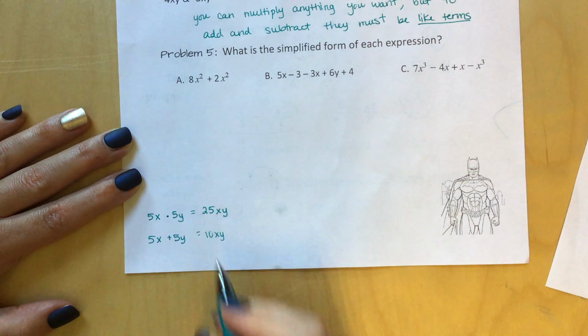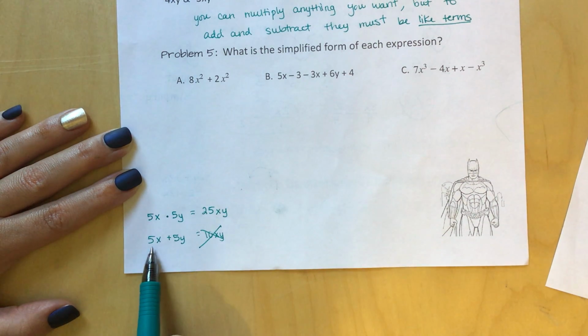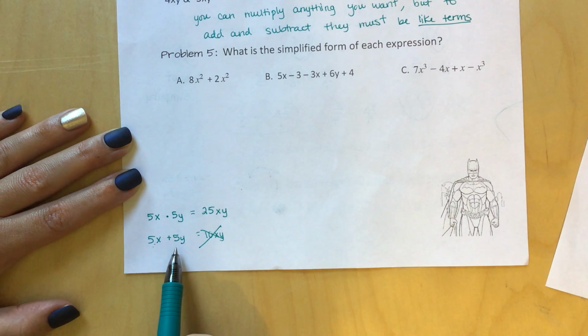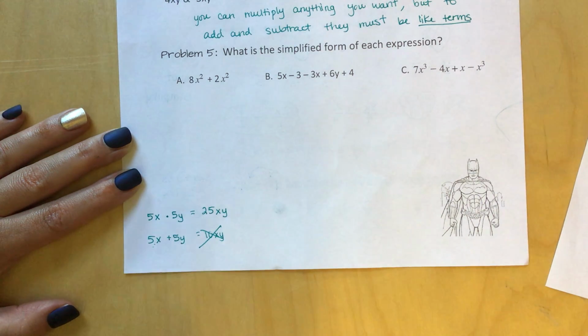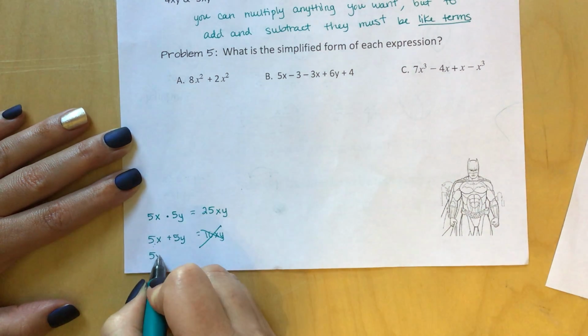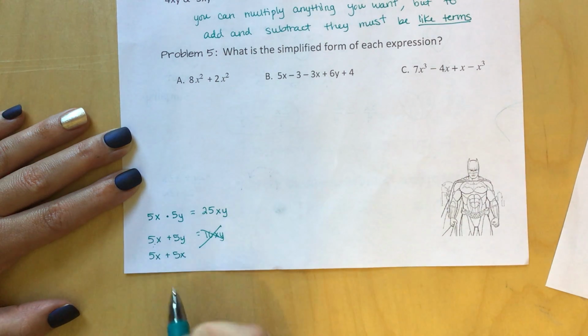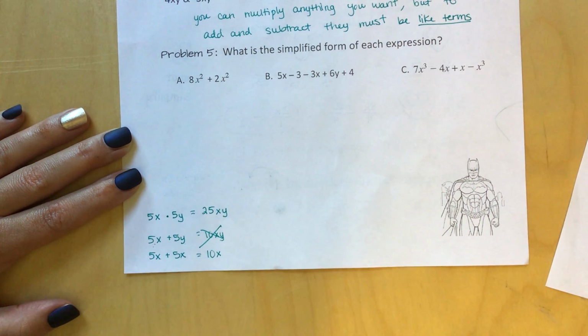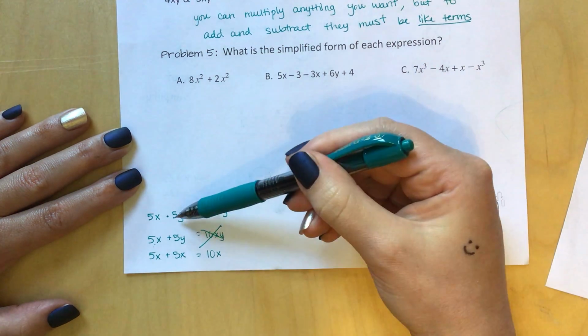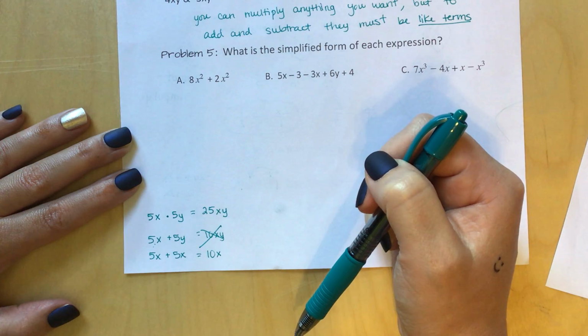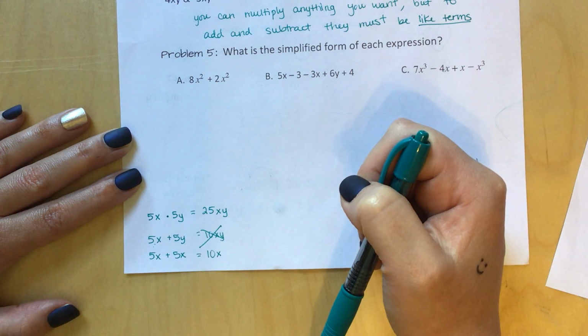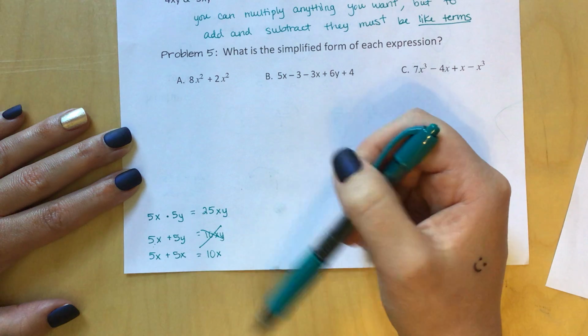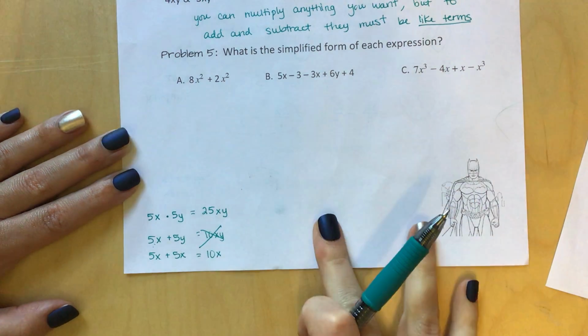That's not how that works. So this is wrong. I only can leave them separated like this. Now, if this were 5x plus 5x, well, now I have same letters and in the same amount, so this would be 10x. So with multiplying, it's fine to combine them, but when adding and subtracting, you can't combine them if they're not exactly the same.